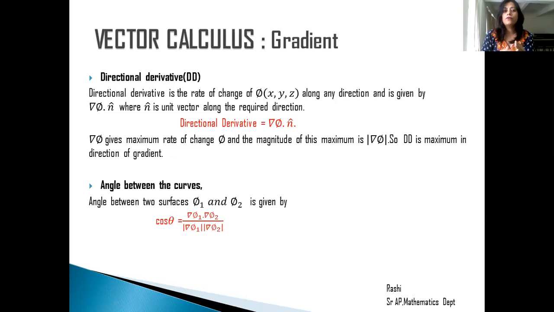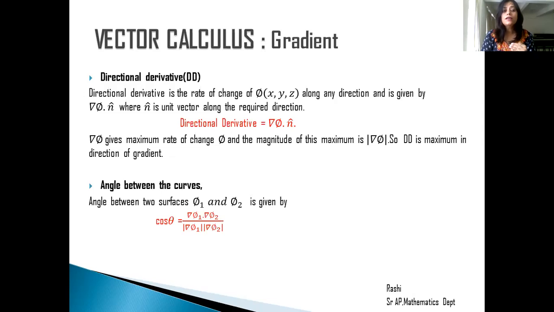Step 1, find its gradient. Step 2, they will give you a direction n. You find n cap, which is n upon magnitude of n. Then do the dot product of grad phi and n cap. That will give you the directional derivative.